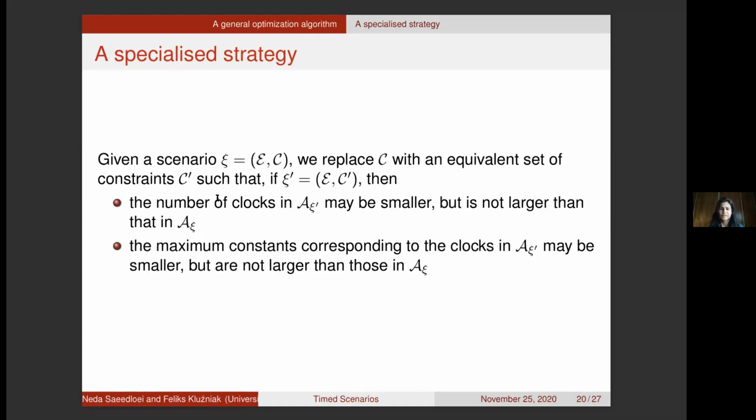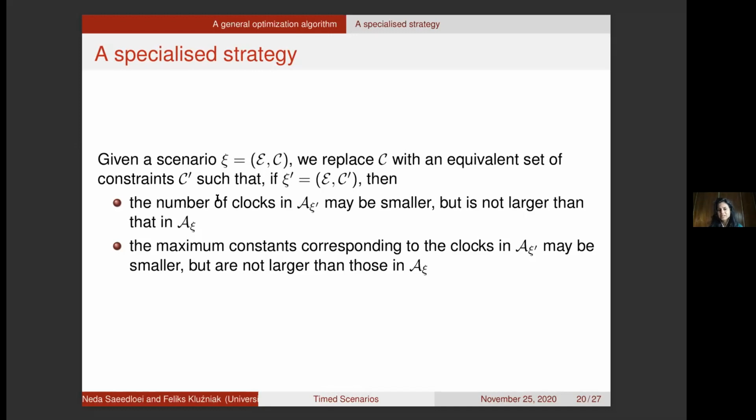Given a scenario, our specialized strategy is as follows: we would like to replace C with an equivalent set of constraints C prime, such that if we create a brand new scenario whose set of events is the same as in the original psi, but the set of constraints is C prime, then the number of clocks in the automaton corresponding to psi prime may be smaller, but not larger than that for the original scenario.